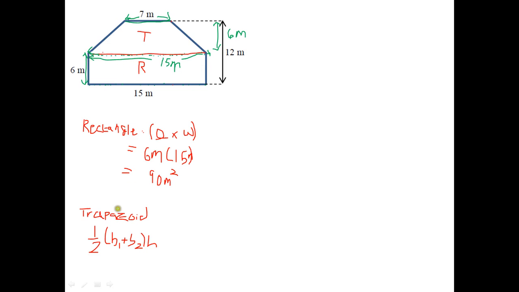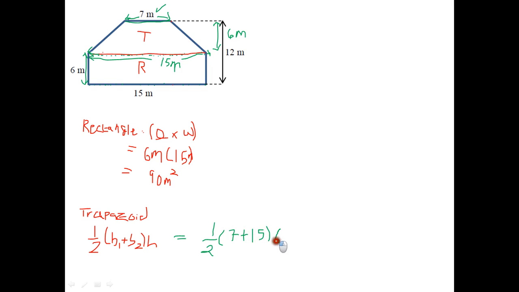So right here in the trapezoid equation, it's half times base 1 plus base 2 times height. The height is 6 meters. One of the bases is 7 meters right here, and the other base is 15 meters right here. So we're just going to write that out in the equation. We're going to get half times 7 plus 15 times 6.